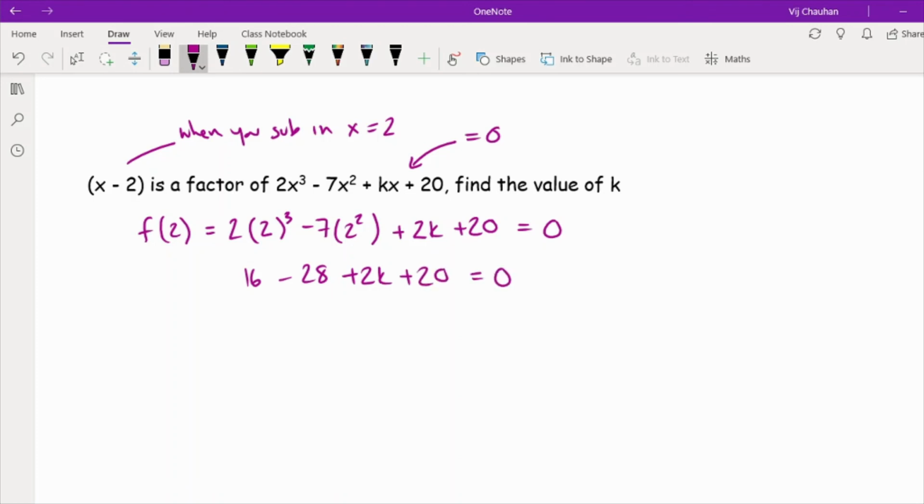So we've got minus 8 plus 2k equals 0. So 2k equals 8, so k equals 4. That's a brief introduction to how we use the factor theorem to work out questions like this.